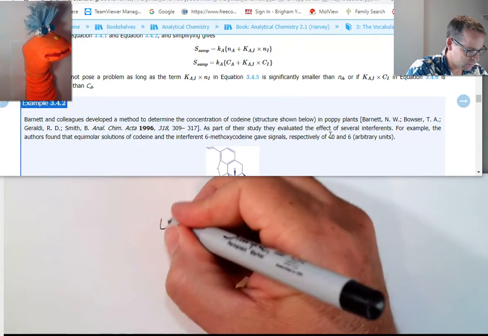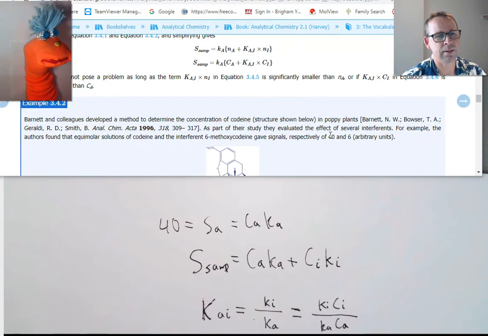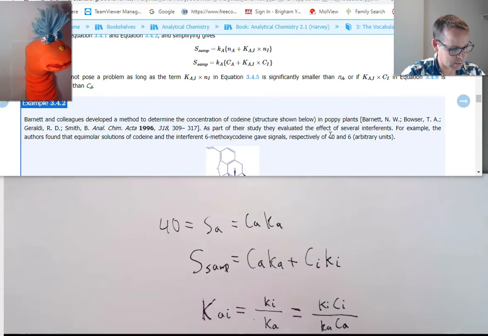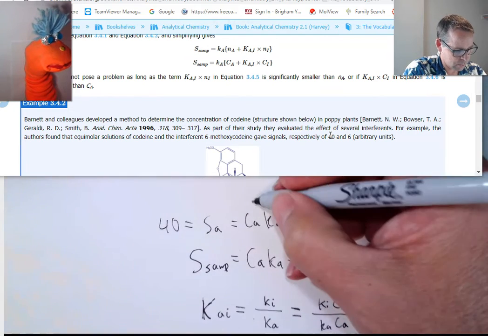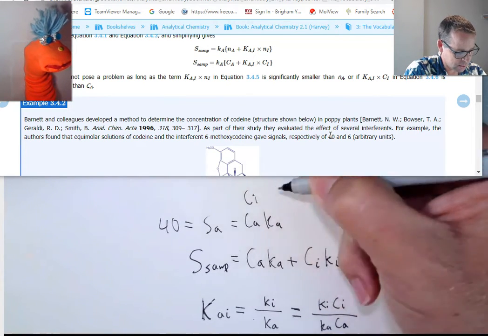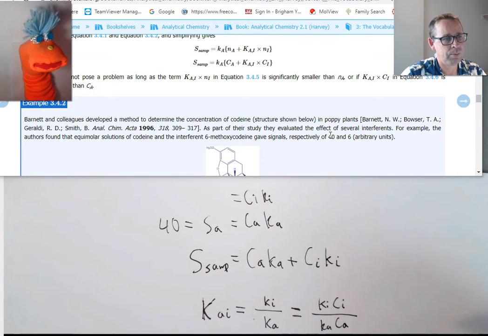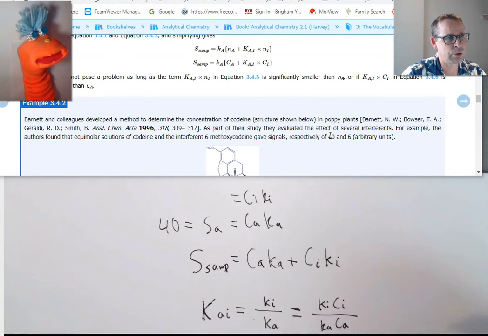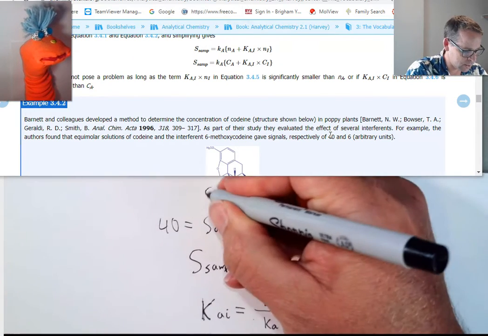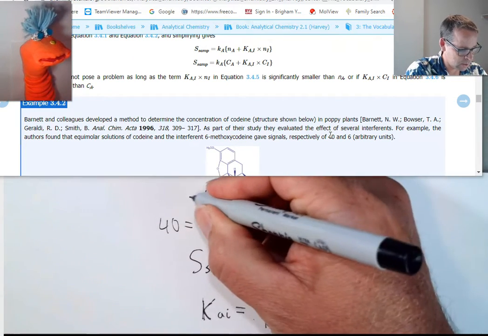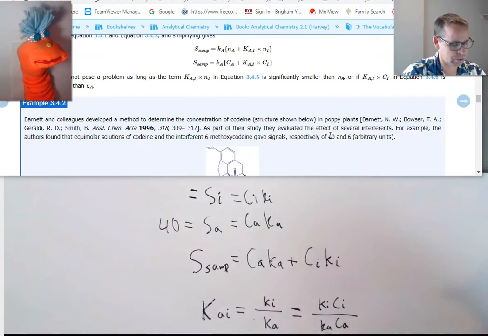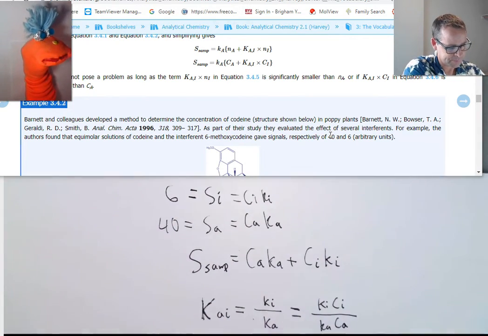That's right, because the 40 is the signal given for our given concentration of our analyte. And then we also should know that K_I C_I is equal to what? That's the signal for the interferent. That's right, the signal for the interferent. And what value is that? Is that 6? That's right, 6.